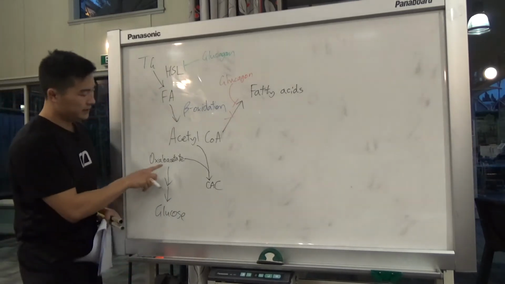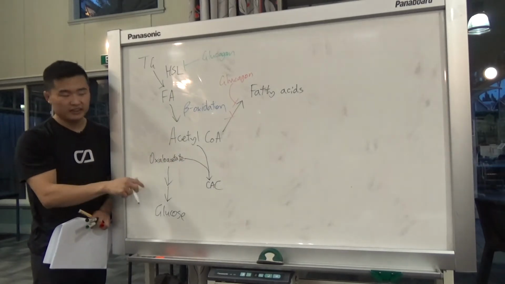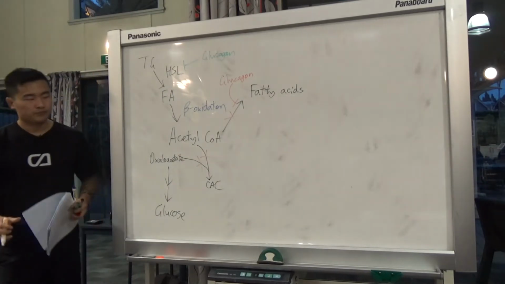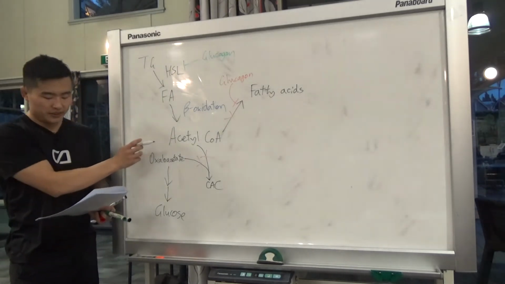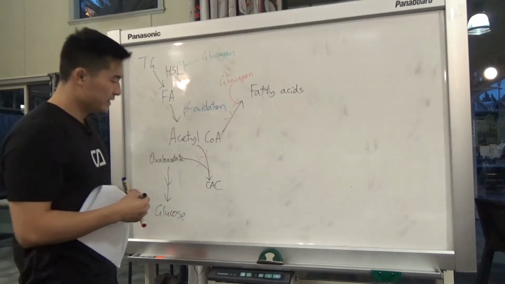So instead of going down this pathway, oxaloacetate will go down this pathway. So that means that acetyl-CoA has no other option but to go down the ketogenesis pathway.